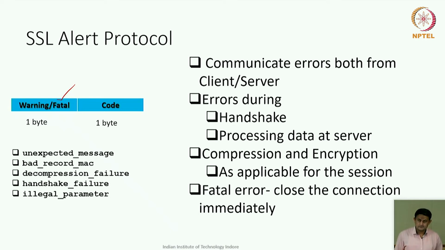And these messages, in fact, are also encrypted and compressed as per the ongoing communication. So you establish an SSL connection between two endpoints using some kind of encryption algorithm and some algorithm for MAC calculation or hash generation. Using the same mechanism, you also use some compression algorithm.